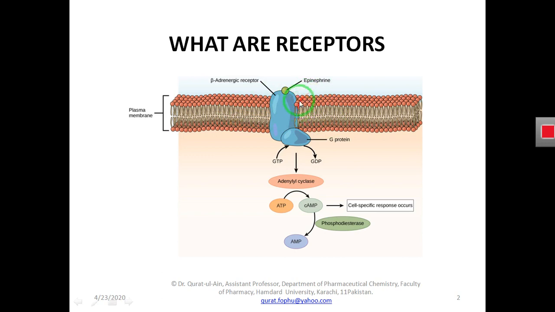It shows that a ligand in the form of epinephrine is binding with a receptor, and subsequently this signal, or message, in the form of a ligand is received by the receptor. Then this signal transfers inside the plasma membrane in the form of different biochemical changes, and ultimately goes to the nucleus, and this ends in cell specific responses.